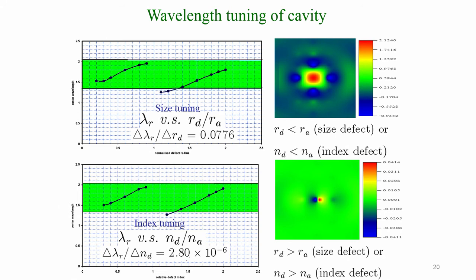Similarly, you can change the defect refractive index by very small values. This is of the order of 2.8. You can obtain a very good tuning with refractive index. So, refractive index is varying here from 0.5 to 1.5 of the relative value, and you can get a very good variation in the tuned wavelength. So, these are the plots which show the amplitude or the field variation.